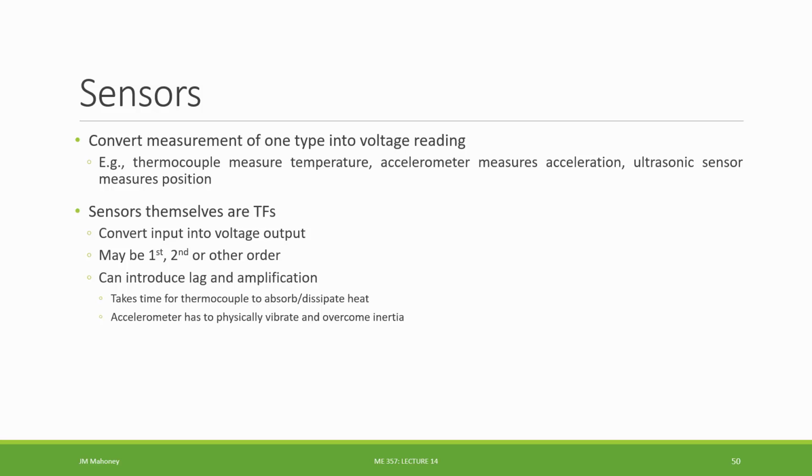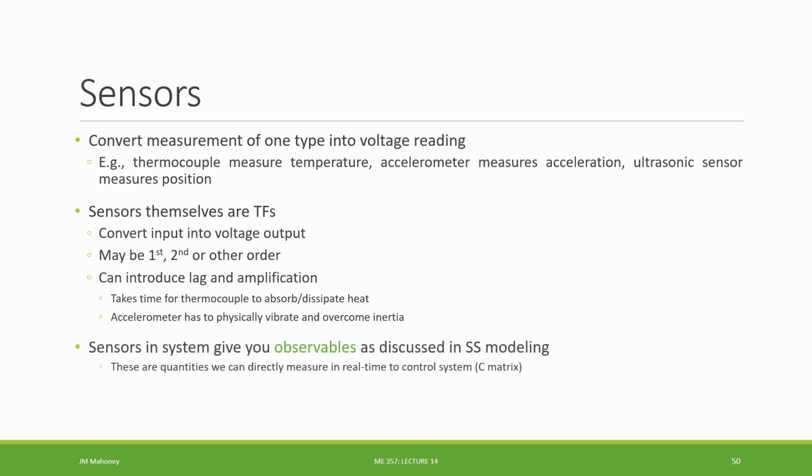Where sensors fit in with what we've discussed before, when we were looking at the state space modeling, where we came up with our matrices, the A, the B, the C, the D matrices, the sensors are really coming in when we're talking about that C matrix. The C matrix is giving us what I was referring to as the observables of our system. These are the actual quantities we are able to measure as the system is moving.